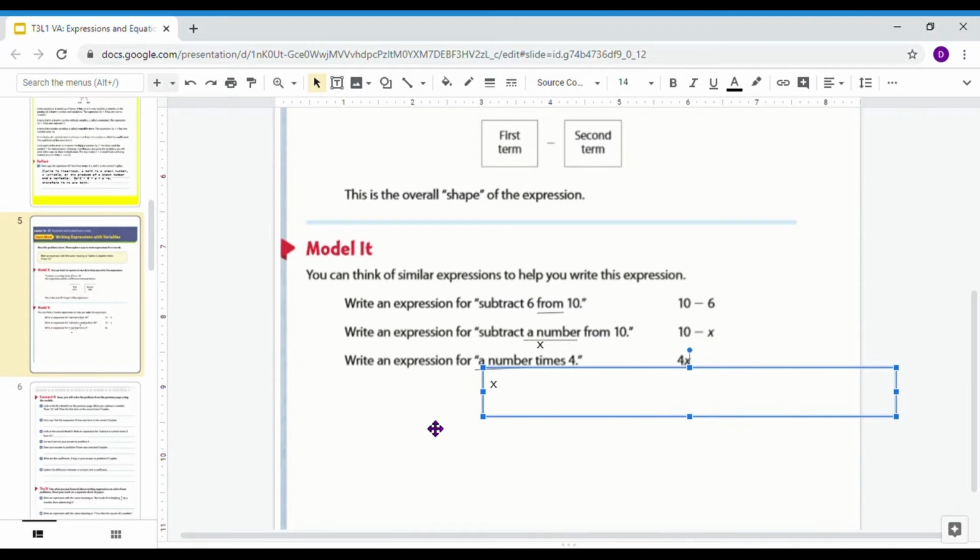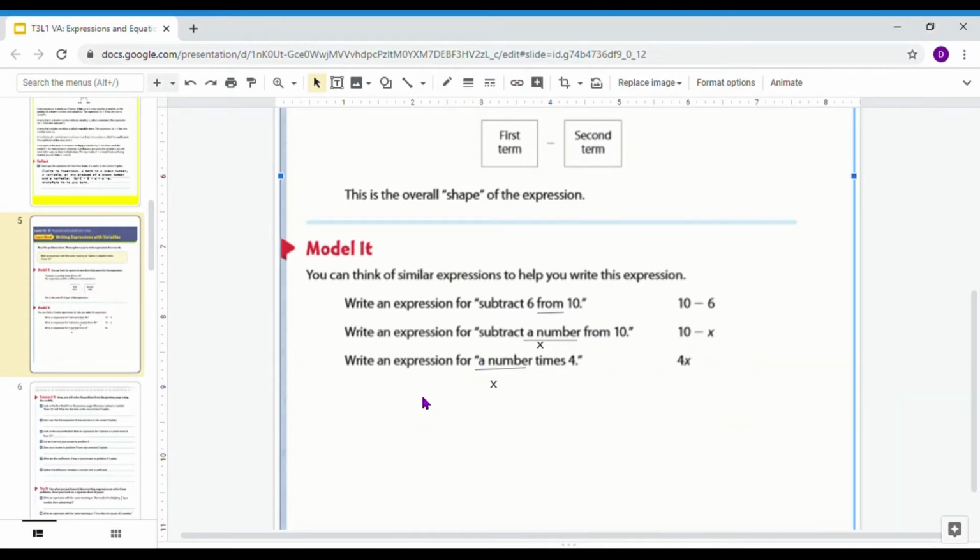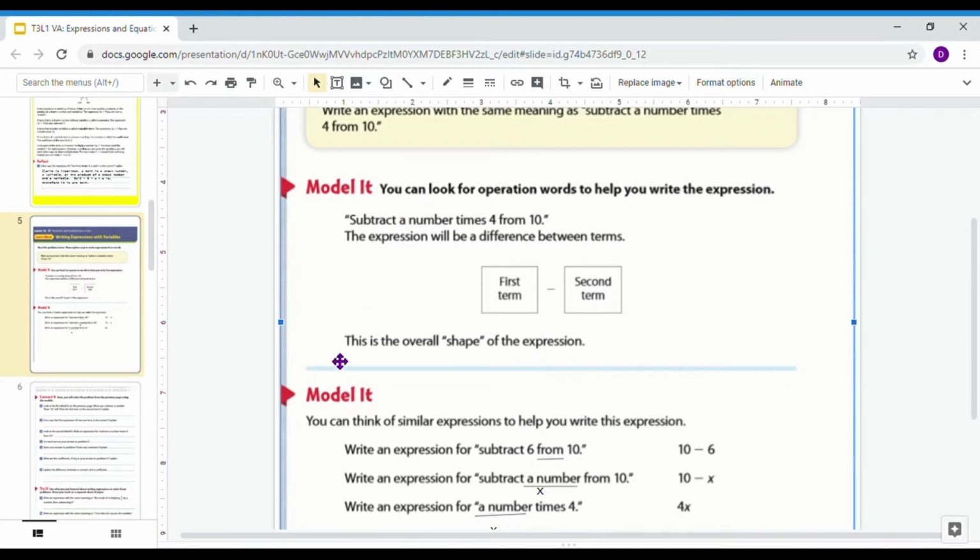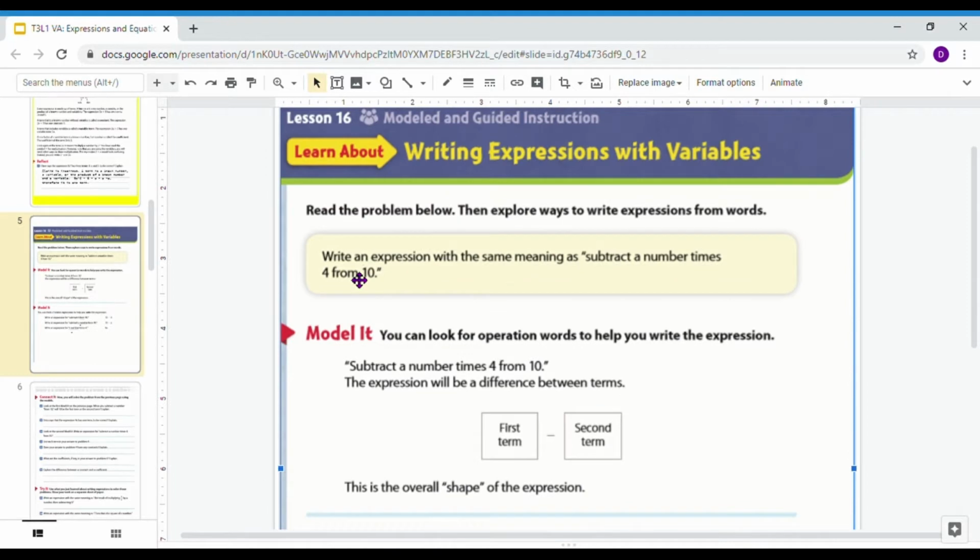When you don't know what the number is, that's when you use the letter. So if I was writing an expression for a number times 4, I could write that as 4x, because that's 4 times x, remember? Or 4 with the dot in the middle, x. So this was just a way that you need to start thinking. It's an example of how your brain needs to think when you see a problem like this.